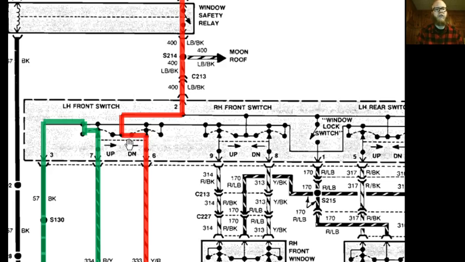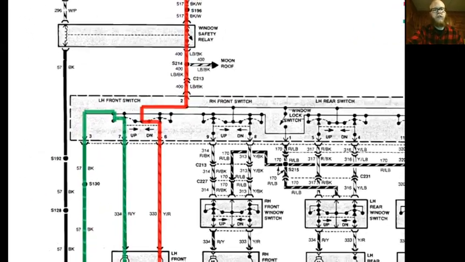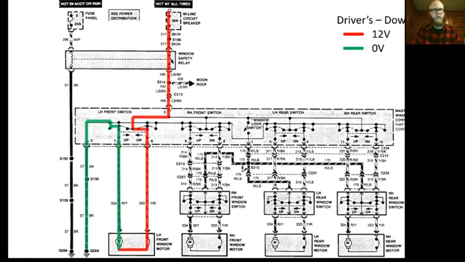We grab power with the circuit 333, and we grab ground with 334, which allows current flow to go through my motor in one direction, which will make my motor spin consistently in one direction, rolling the window down.